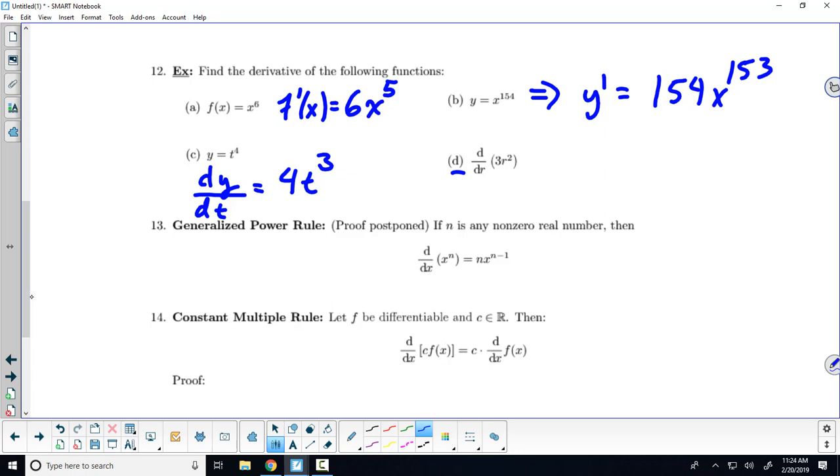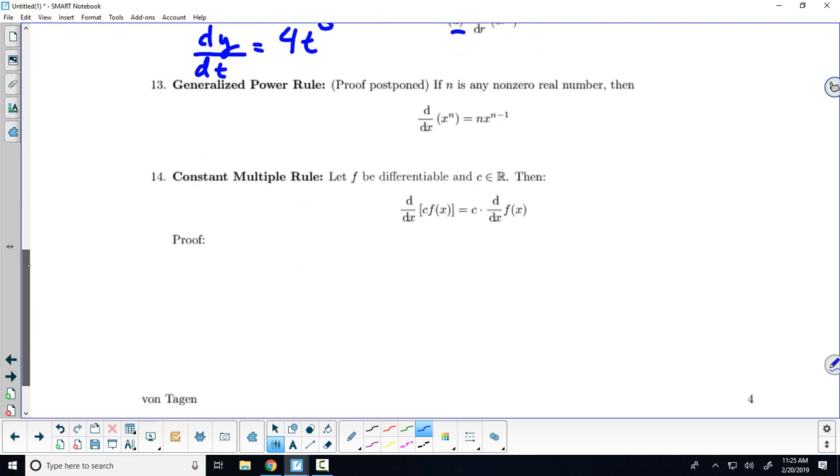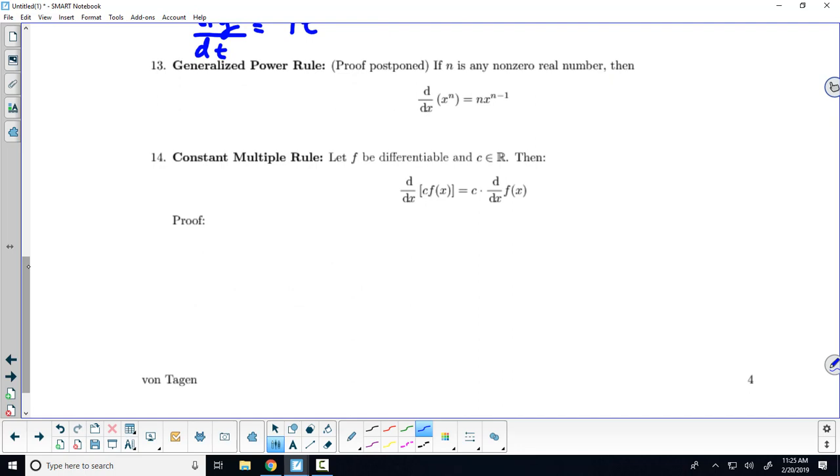Okay. Later on, I'm going to do a proof of what's called the generalized power rule, which means that this n does not have to be a nice natural number. It can be any real number, 0.5 or pi or something like that. You can still apply this rule. Okay. I'm also going to just skip proving the constant multiple rule.